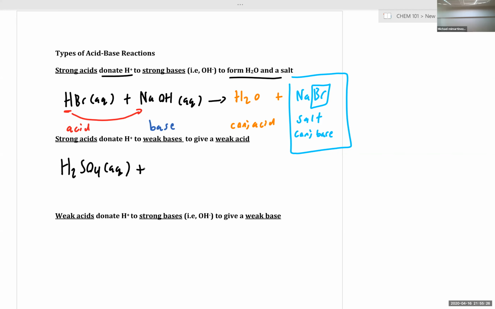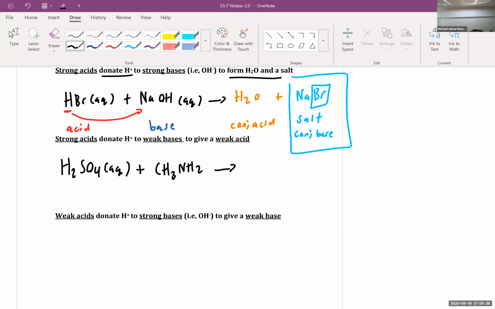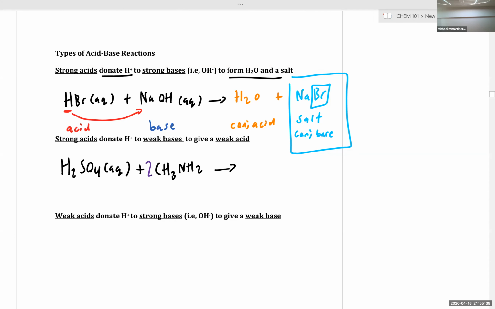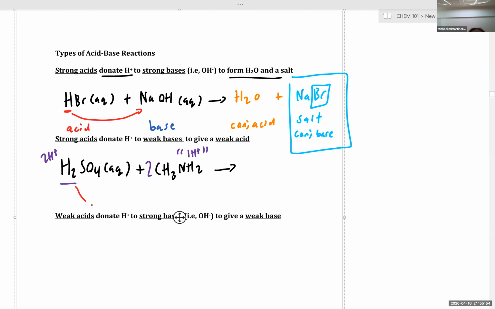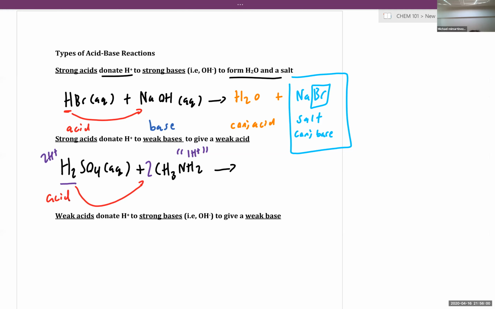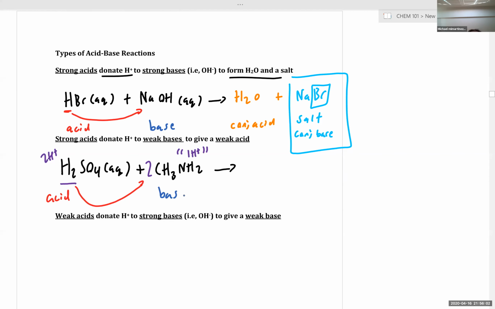Sure. We can look at an amine. That would be fine. So we can look at, for example, methylamine. That's perfectly fine. Now, in terms of our stoichiometry, we need two equivalents of methylamine because our amine can only accept one proton. It can only accept one H+, while sulfuric acid is donating two H+. So we always need to appreciate our stoichiometry. So in our acid-base reaction, our acid will donate a proton to our base.